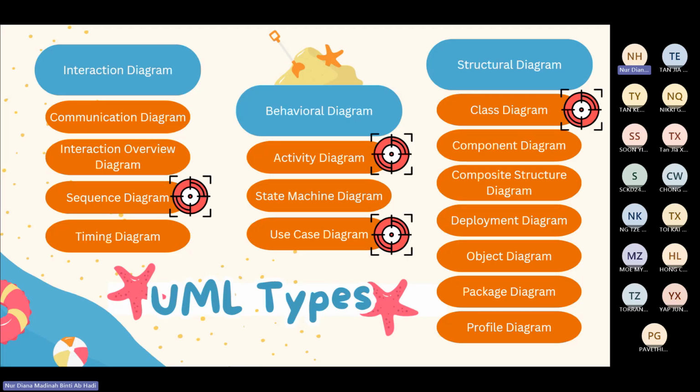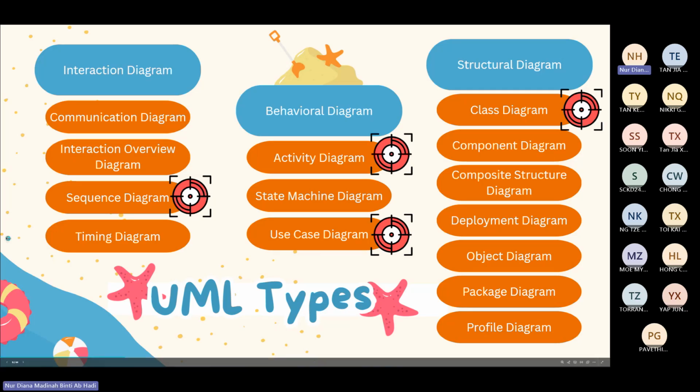How many of you have learned all of these four that I have highlighted here? Raise your hand. Nobody has learned. Baba Tirun? Baba Tirun is not in the call and does not respond to me.